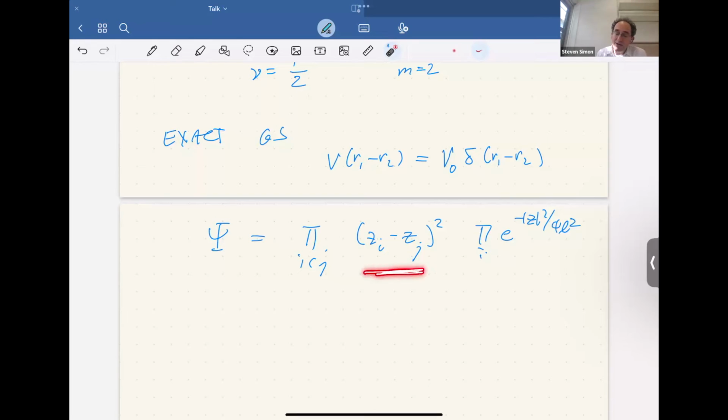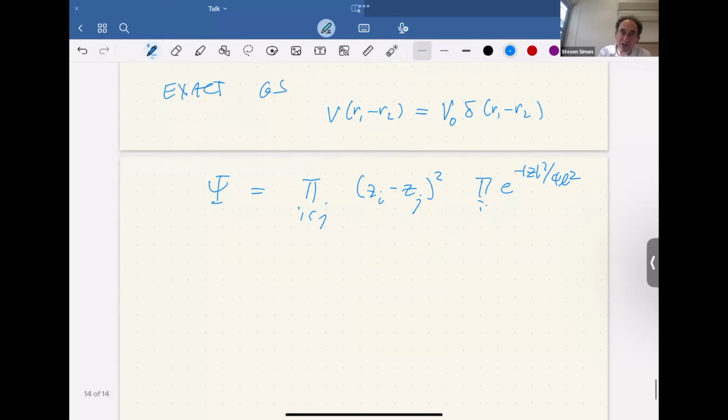And here, there is no amplitude of any two electrons sitting on top of each other. The wave function goes to exactly 0 when any two electrons sit on top of each other. So this positive definite interaction is completely zeroed out by this wave function. This wave function makes the energy exactly 0. It's a positive definite interaction. We've made its energy 0. It's the lowest possible energy you can get.